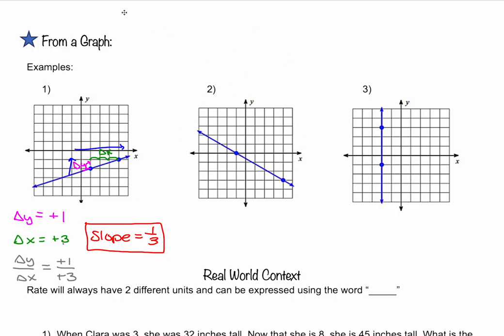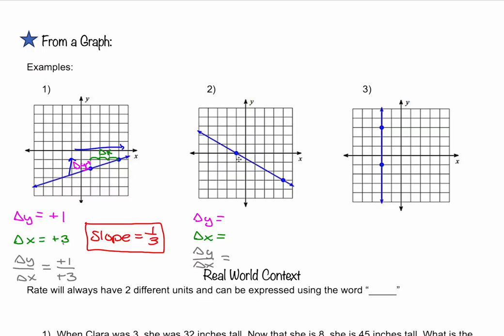On example 2, again, I want to find out my change in y. I want to find my change in x. Therefore, I can do my slope of change in y divided by change in x. I'm going to pick a coordinate. It does not matter which coordinate I pick.